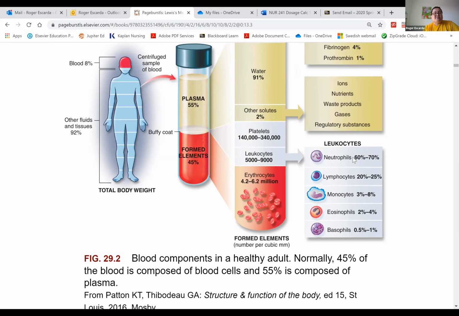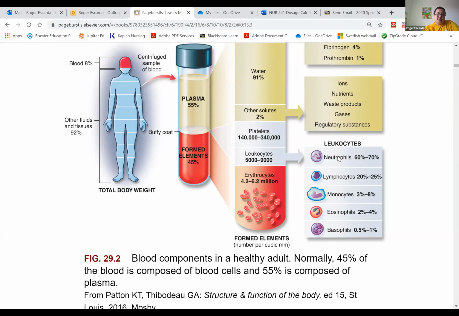When it says differential, that costs more. It is a more expensive test because it requires more work. Not only is the lab scientist estimating the total number, but the lab scientist has to break down what percentage of that 20,000 are neutrophils, lymphocytes, monos, eos, and basos.